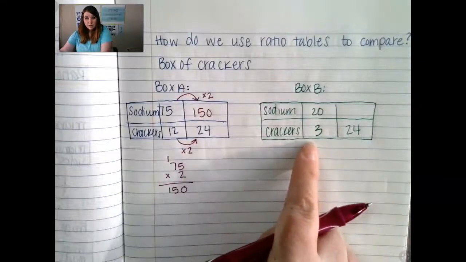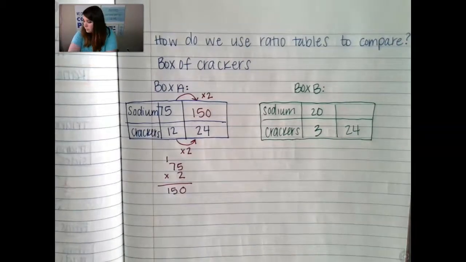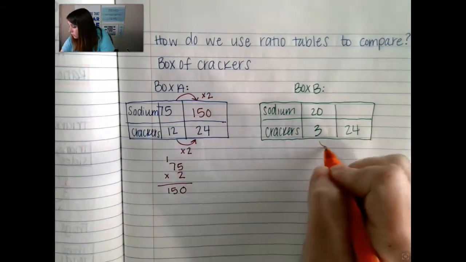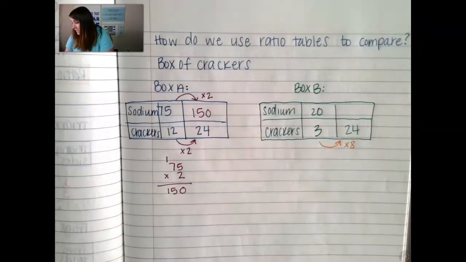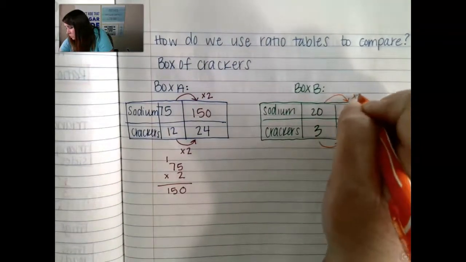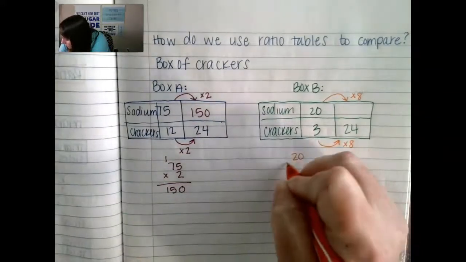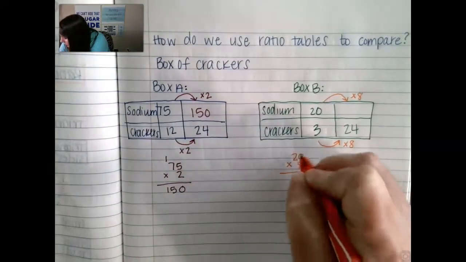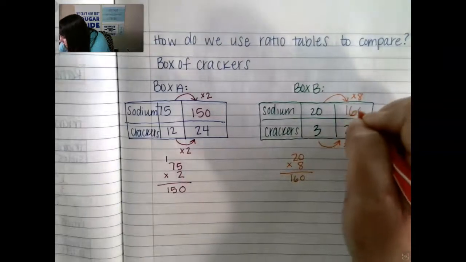Let's come over here and see what we have to do for box B. To get from 3 to 24, I have to multiply by 8. So on the top, I'm also going to need to multiply by 8. 20 times 8 is 160.